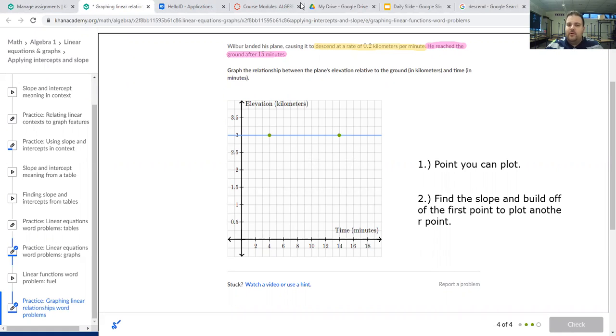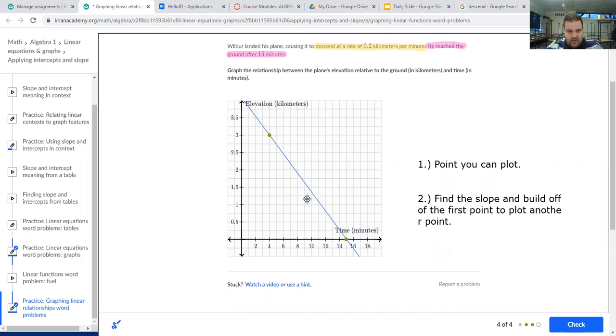Again, that's our slope, 0.2 kilometers every minute, 0.2 more, 0.2 more, or 2/10 more, whatever you want to call that. He does reach the ground after 15 minutes. So at 15 minutes, which is between 14 and 16, right in the middle, he is on the ground, which means that he actually is down here.